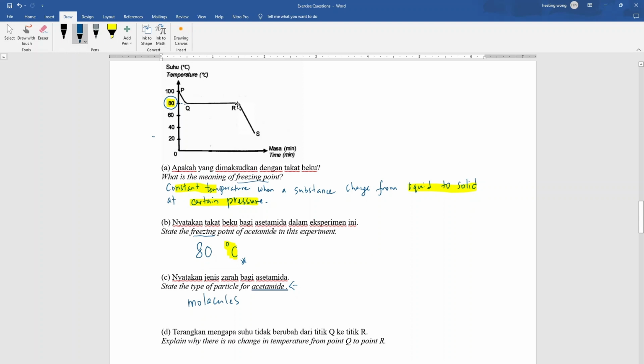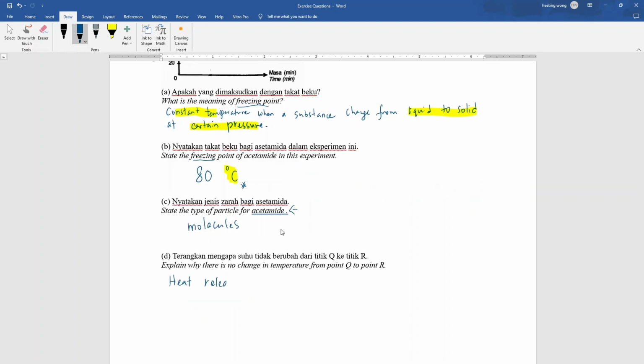Here, during the freezing, heat is released to the surrounding, which is balanced by the heat released when the particles, or here the molecules, attract one another.